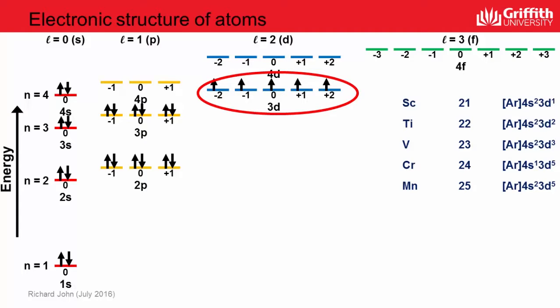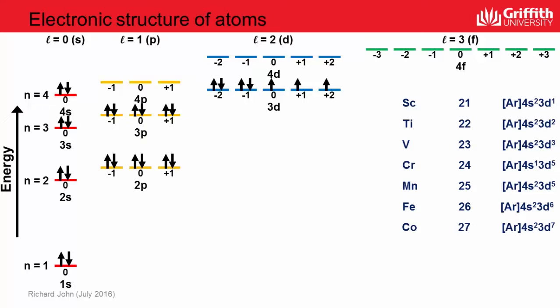Start filling up the 3d subshell again, so we get to element 26, add another electron. We've got the argon core 4s2, 3d6. Cobalt number 27, the argon core 4s2, 3d7. We get to nickel number 28, the argon core 4s2, 3d8.